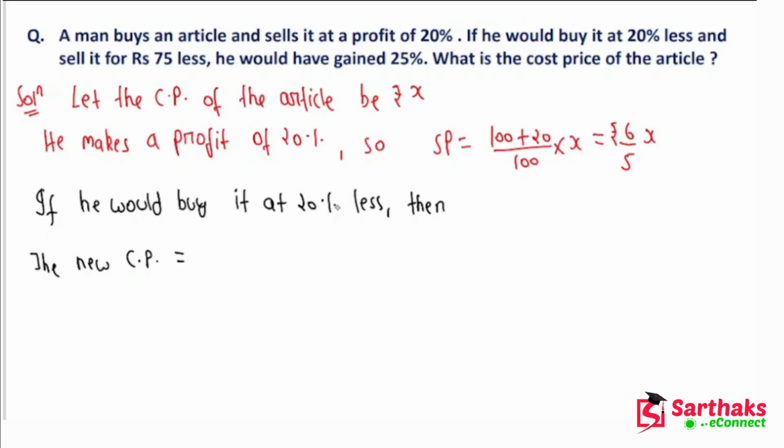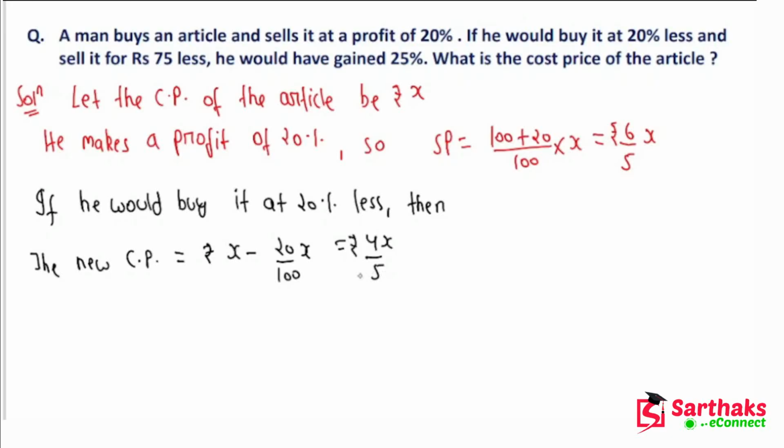See, cost price would be X minus 20% of X. Okay, so the cost price would be X minus 20 by 100 of X, that is 20% of X. If you calculate, it would be 100x minus 20x, so it would be 80 upon 100, so 4x upon 5. Okay, so this would be the next cost price if he acquires a particular article at 20% less. So that is the new cost price. Okay, so the new CP came out to be rupees 4x upon 5.